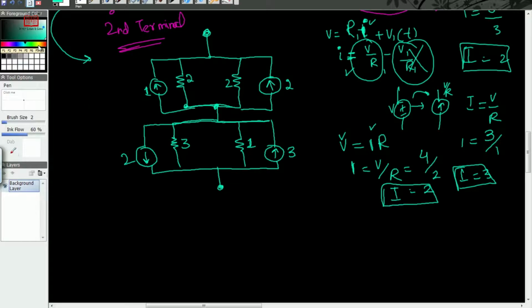Going towards the next step, I am choosing another color to make sure that this is the next step towards simplification. Our task right now is to reduce these 2 resistances that are connected in parallel with each other into one resistance, step by step.